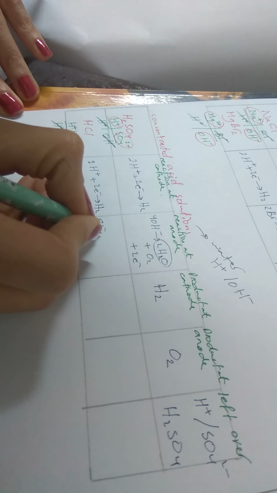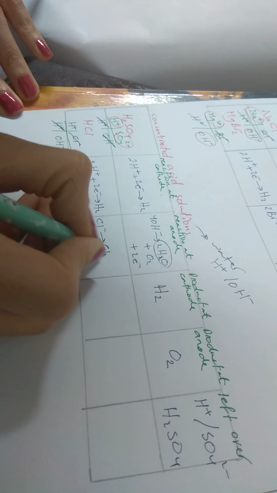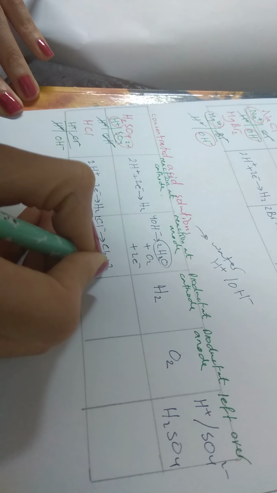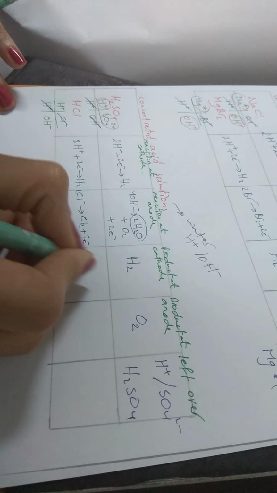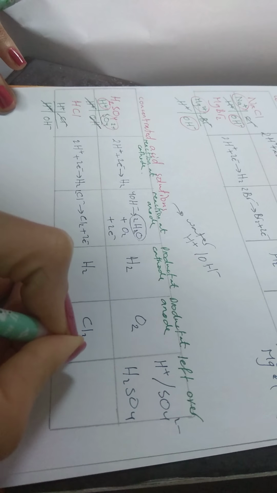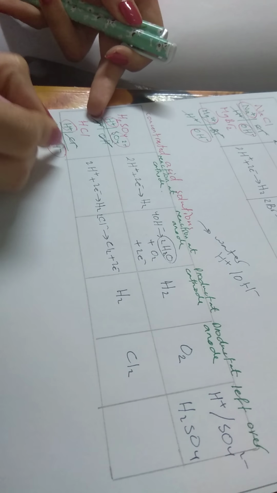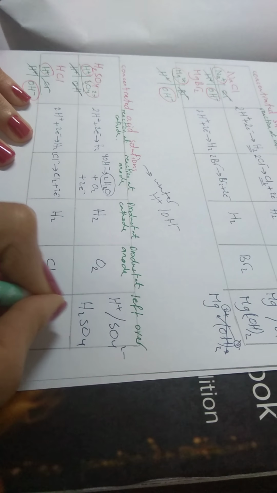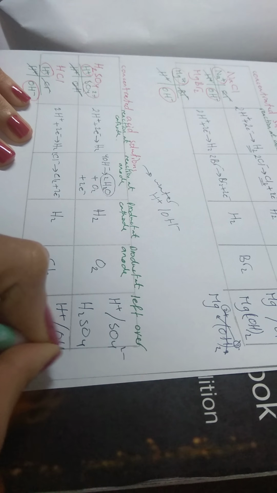At the anode, since I have the Cl minus, the halide, then the halide will react, so the products are H2 and Cl2. The leftover are the H plus and OH minus, which will give me H2O.